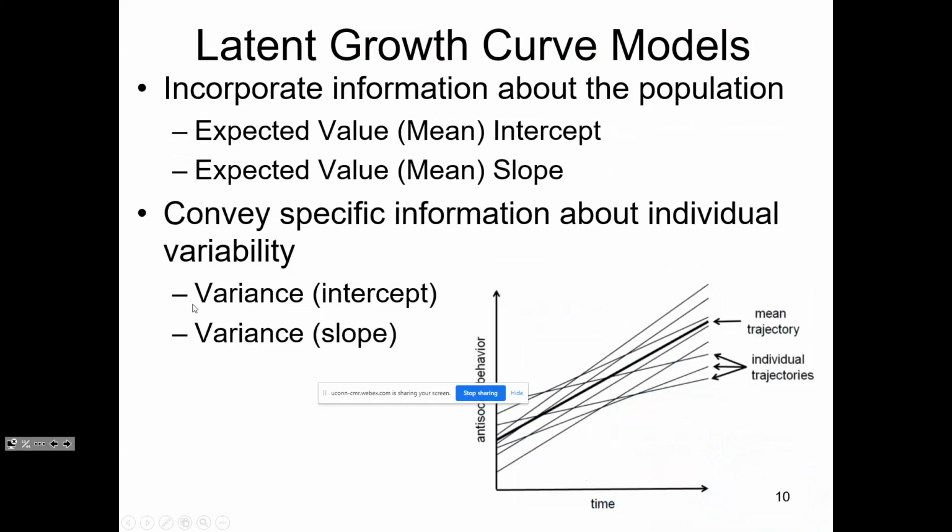All right, so latent growth curve models are going to incorporate information about the population. If you're doing research on change and growth across time, one of the things you're definitely going to want to report is, on average, what's expected? What's the expected place where people start?